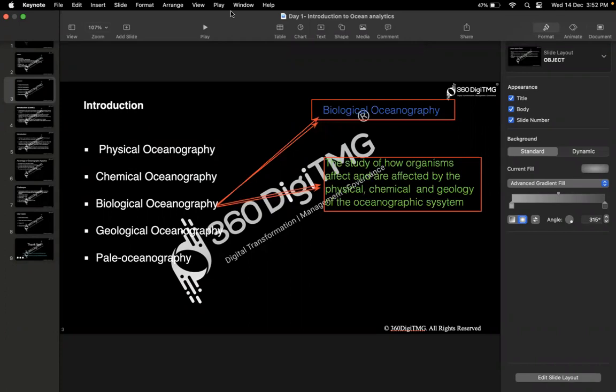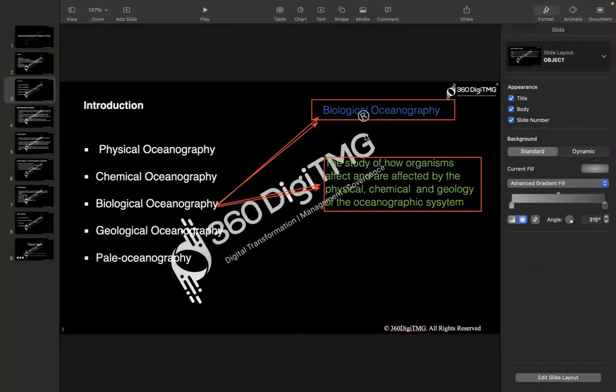Oceans occupy about 71% of the Earth's surface.